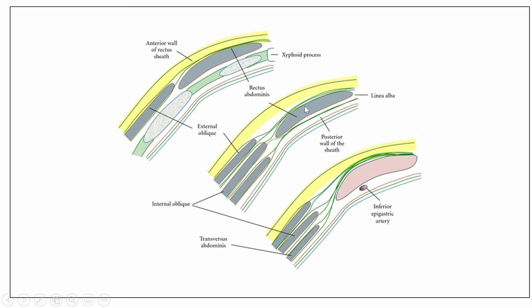So this is between the level of the costal margin and the arcuate line. Below the arcuate line, we can see that the anterior wall is formed by the aponeuroses of all three flat muscles: the external oblique, the internal oblique, and the transverse abdominis. Posteriorly, we don't see a sheath. It lies directly on the fascia transversalis, the brown colored layer.